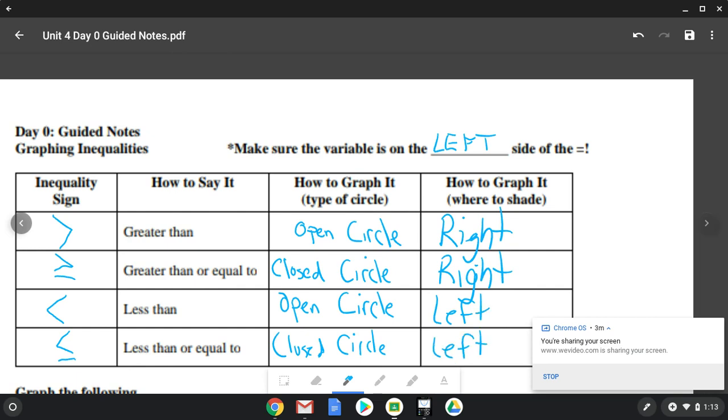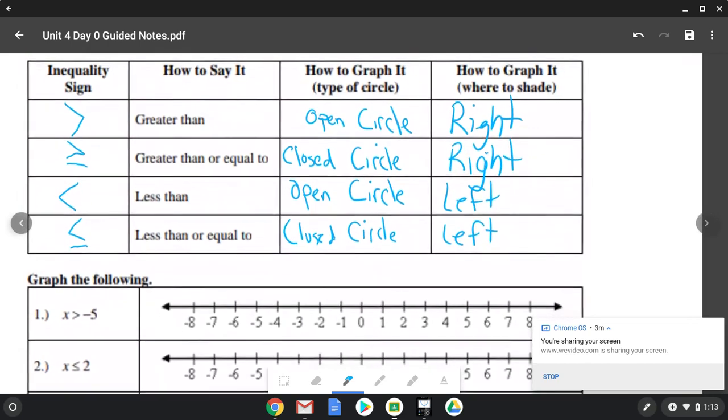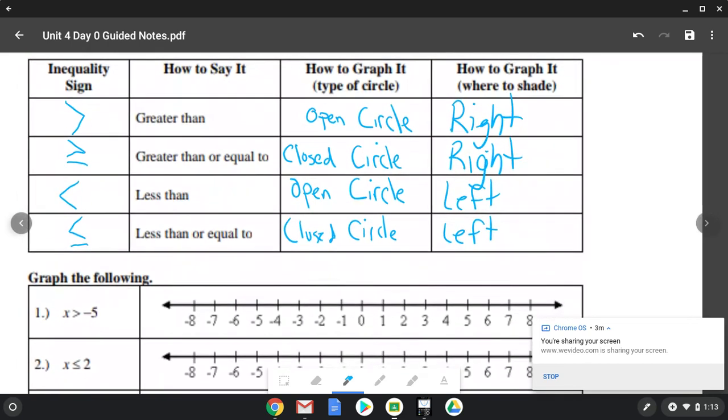So that's the basics of the open and closed circle, greater than, less than signs. If we use this information for number 1, we go to this -5, and we have this circle, because that's what we're dealing with here. Then we have to figure out whether that circle is going to be open or closed.